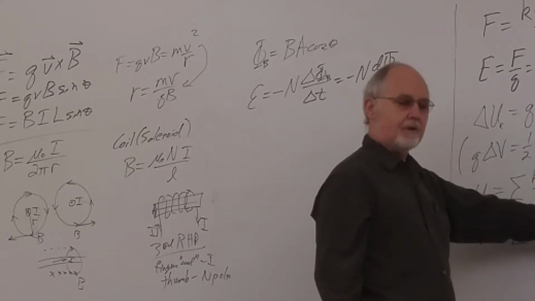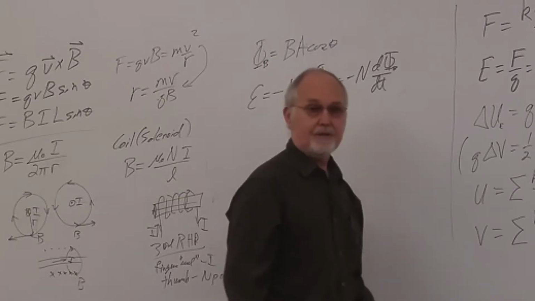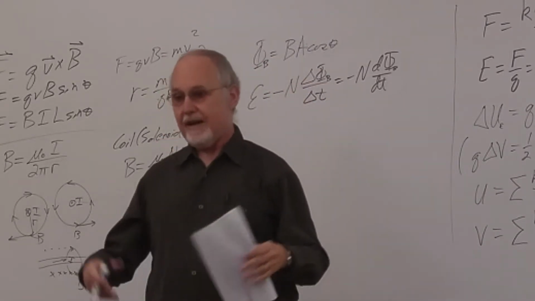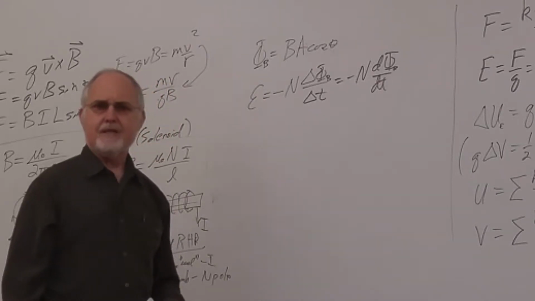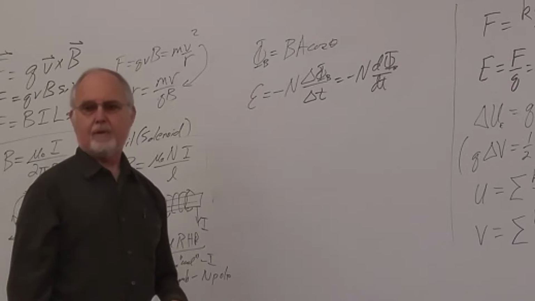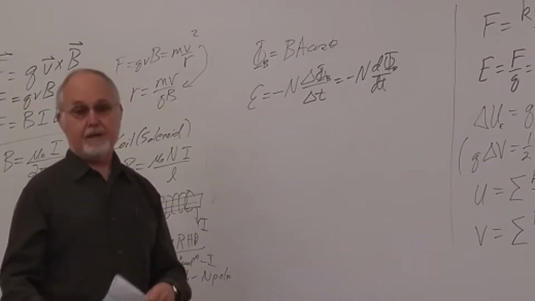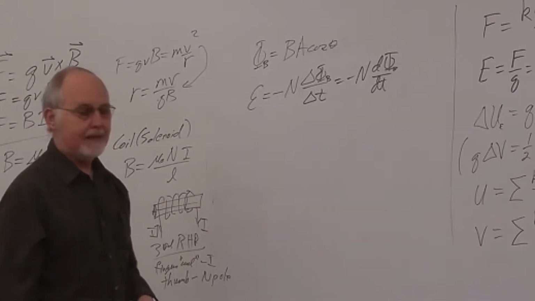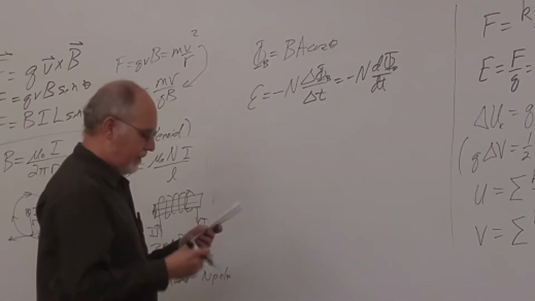You knew the resistance, so current was the voltage divided by the resistance. Then you had to find the maximum current. One easy way to do that was to take the derivative of the current with respect to time, set it equal to 0, and that was where your minimum or maximum was, back in calculus. So, induced voltage.